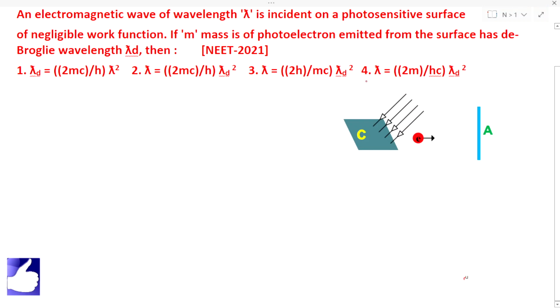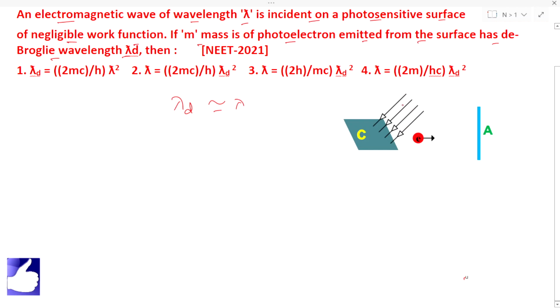An electromagnetic wave of wavelength lambda is incident on a photosensitive surface of negligible work function. If m is the mass of the photoelectron emitted from the surface, and it has de Broglie wavelength lambda d, we are asked to find the relation between de Broglie wavelength lambda d and incident wavelength lambda.